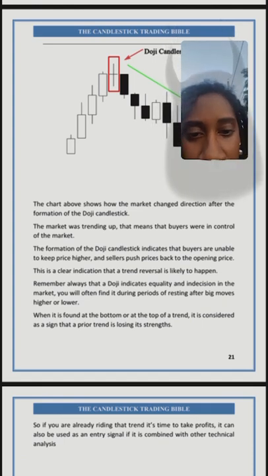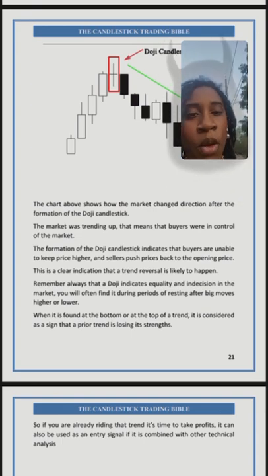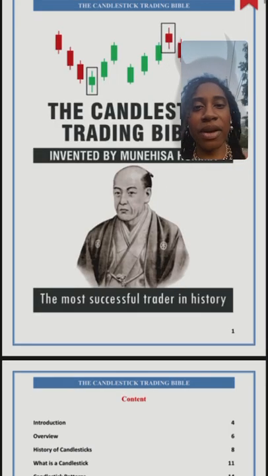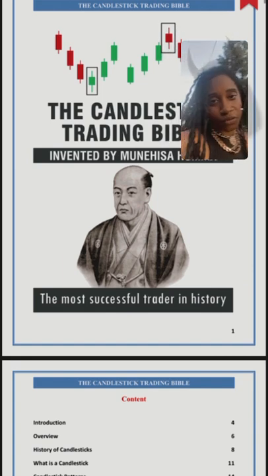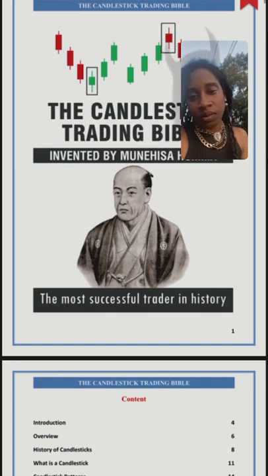Okay, so yeah, we came to the end of our lesson. So the homework for today's activity is to look for engulfing patterns.